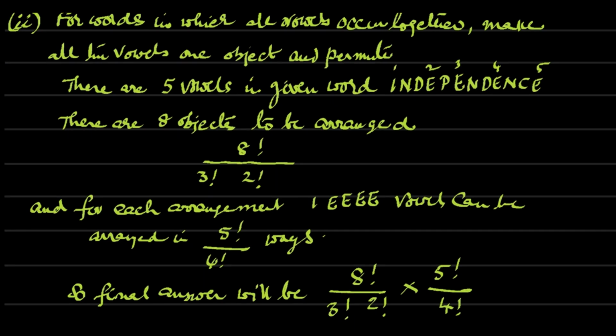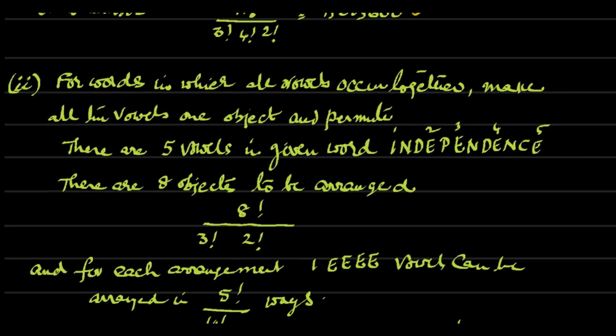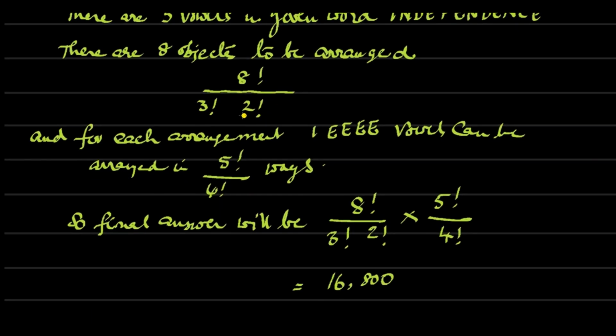For words in which all vowels occur together, make all the vowels into one object. There are 5 vowels. The 5 become one object, remaining 7 plus 1, 8. There will be 8 objects. The 8 objects can be arranged in factorial 8 divided by repeated how many? Factorial 3 and factorial 2. Factorial 4 won't come here because 4 corresponds to the vowel E, which becomes a separate entity.